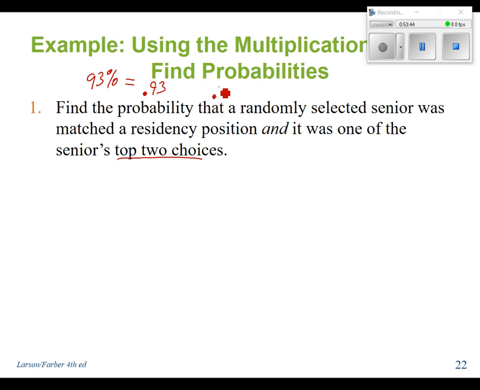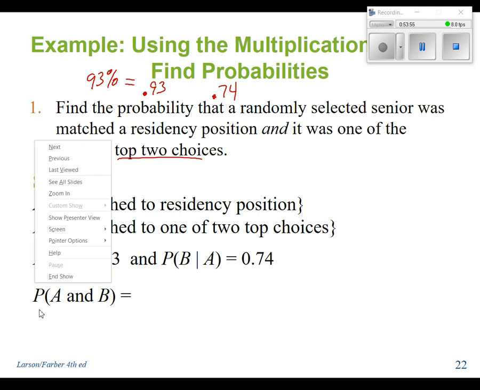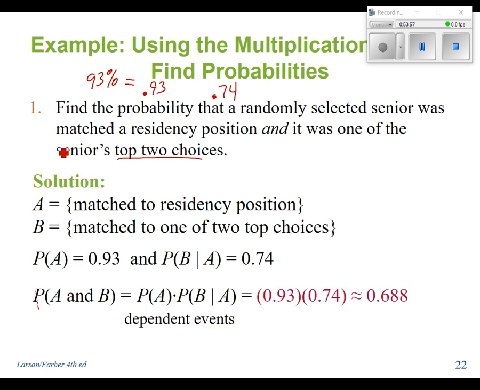It was 74%, so 0.74. What do you think you're going to do with those 2? Multiply them together. You end up with 0.68, so about 68, 69% of all medical students got matched and got to go someplace they wanted to go.